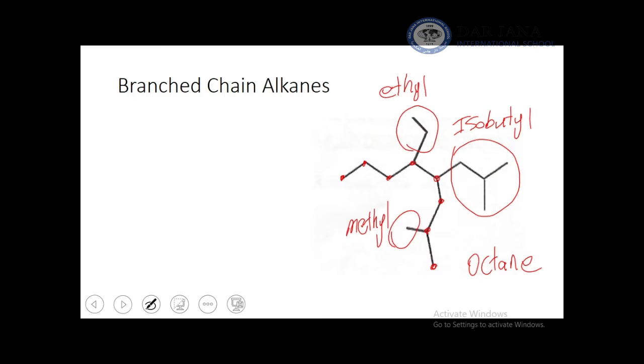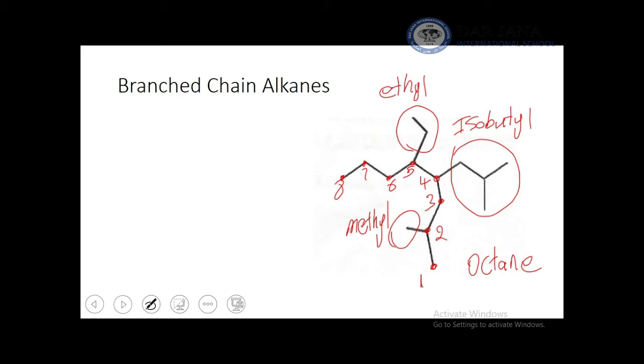So here, if I start over here, 1, 2, so the first branch will be on carbon number 2. So this is the correct numbering, to start from here. 1, 2, 3, 4. So methyl is on carbon number 2, isobutyl on carbon number 4, and ethyl is on carbon number 5.